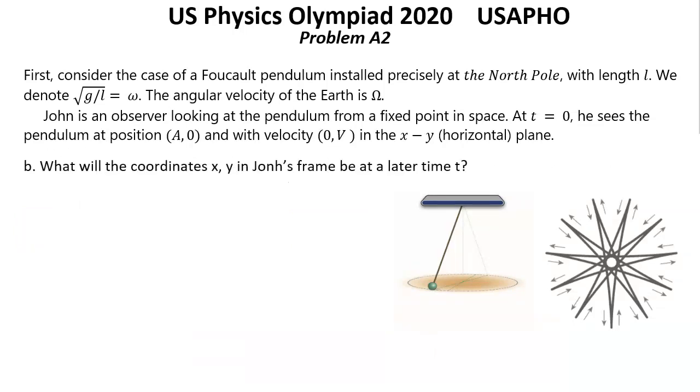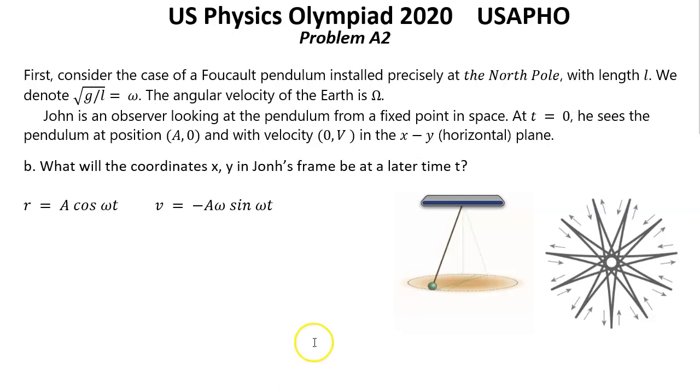Question B. What will the coordinates x and y in John's frame be at a later time t? Solution. Because John's coordinate system is an inertial frame of reference, in the common case the solution for the system from question A will be r equals A cosine omega t and v equals negative A omega sine omega t.